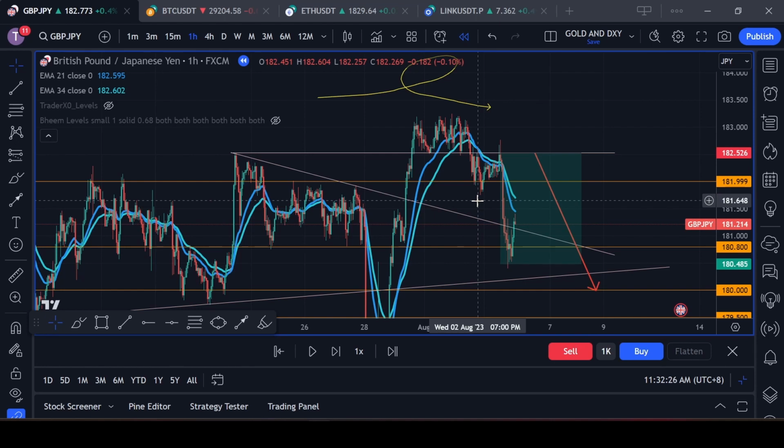Even if you took half of it, or even if you TP'd a little earlier, you would still have netted at least 100 pips. And this is just 2 trades in a week. You don't have to be stressed about taking too many trades. You can see I only took 2 trades in a week and I'm happy with it. And it gave you at least 100 pips profit. So do not stress. This is my trade style.